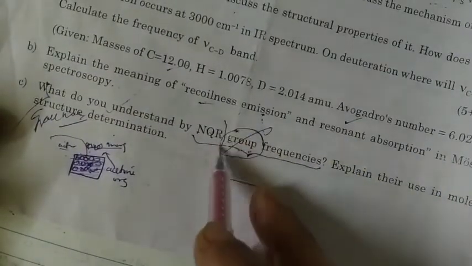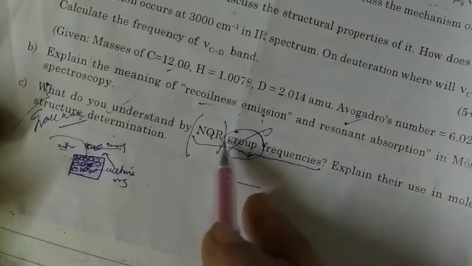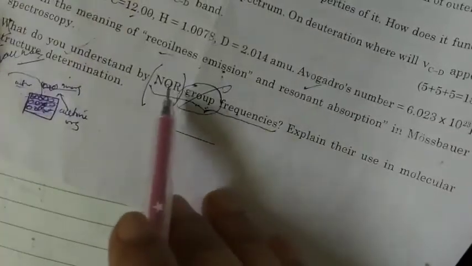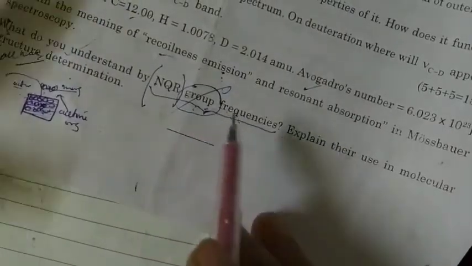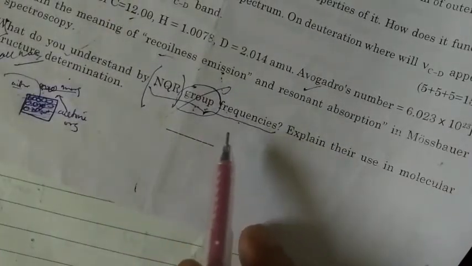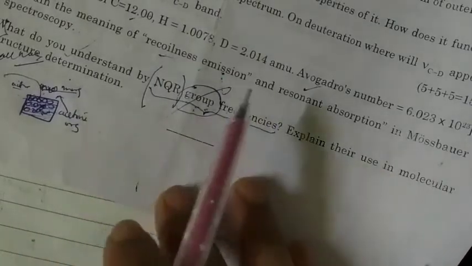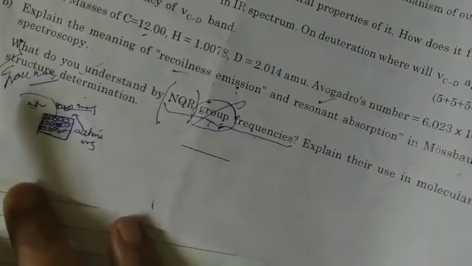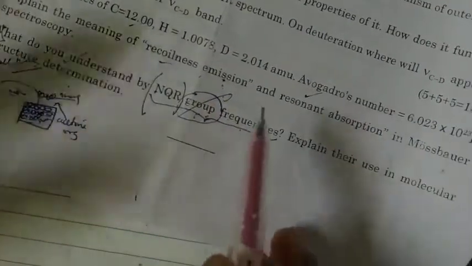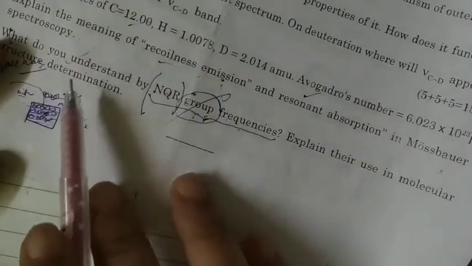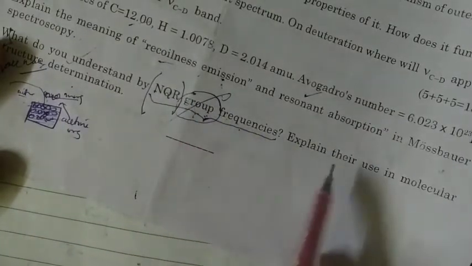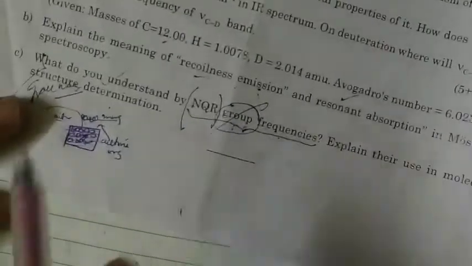We have learned that NQR is nuclear quadrupole resonance, while group frequencies are usually from IR and are used in molecular structural determination. This is not supported here, so you should get grace marks for this. The question is wrong.